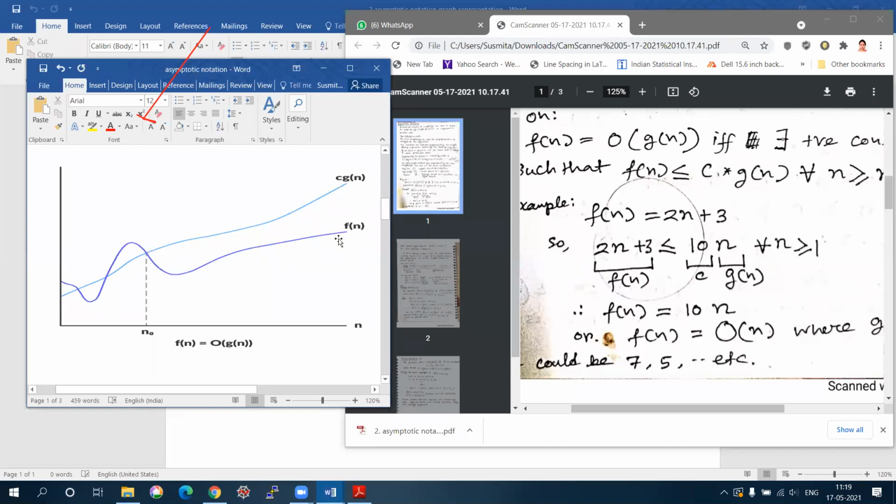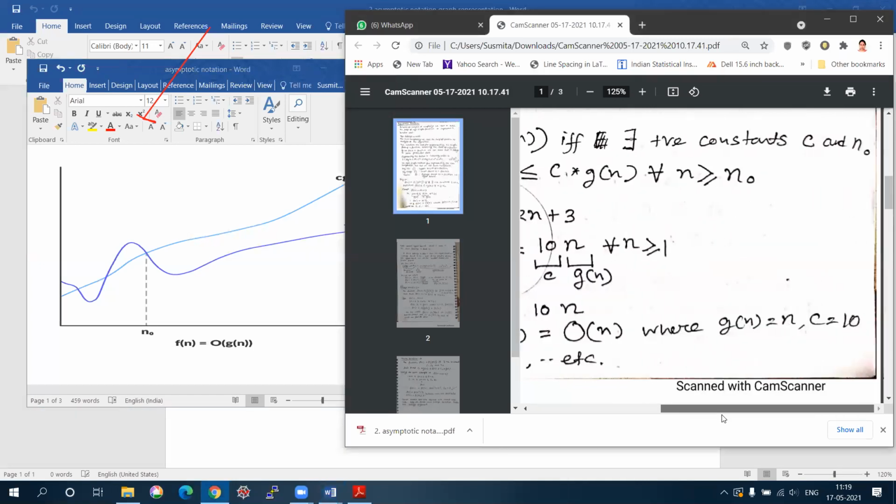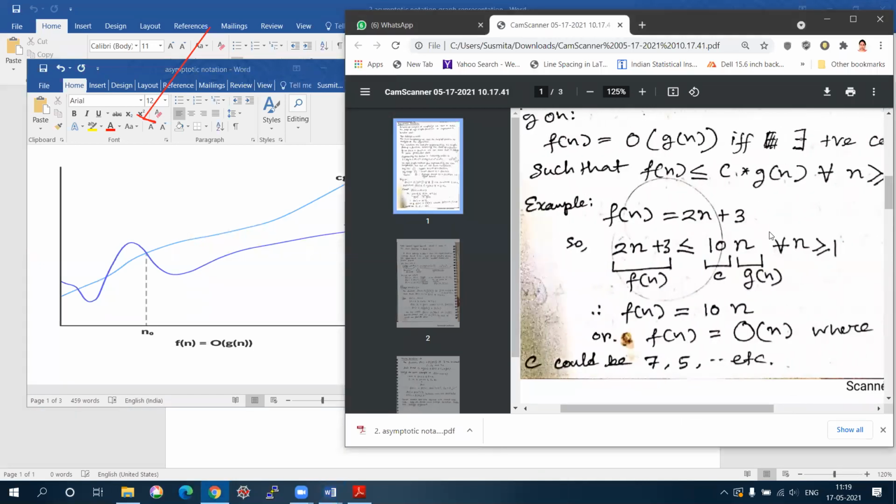The upper bound of f(n) is c into g(n), and that upper bound is satisfied after this n0 value. What is the n0 value? The n0 value is 1, for all n greater than 1.